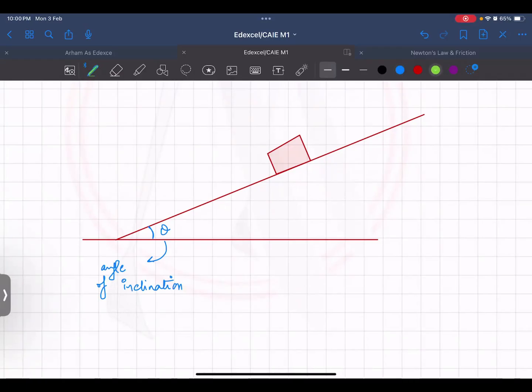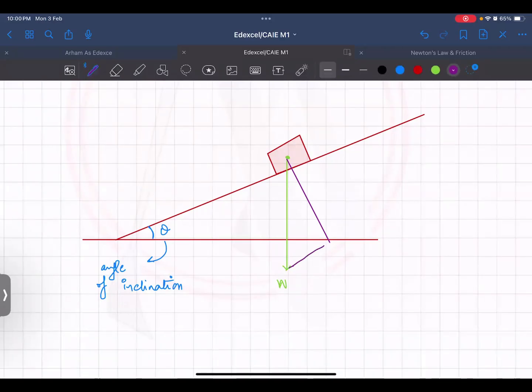We know that the weight of this box would always be vertically downwards. This is the weight, and if you want to break it down into its components, along the plane and perpendicular to the plane, they would be like this. This would be the component perpendicular to the plane, and this would be the component along the plane, right?